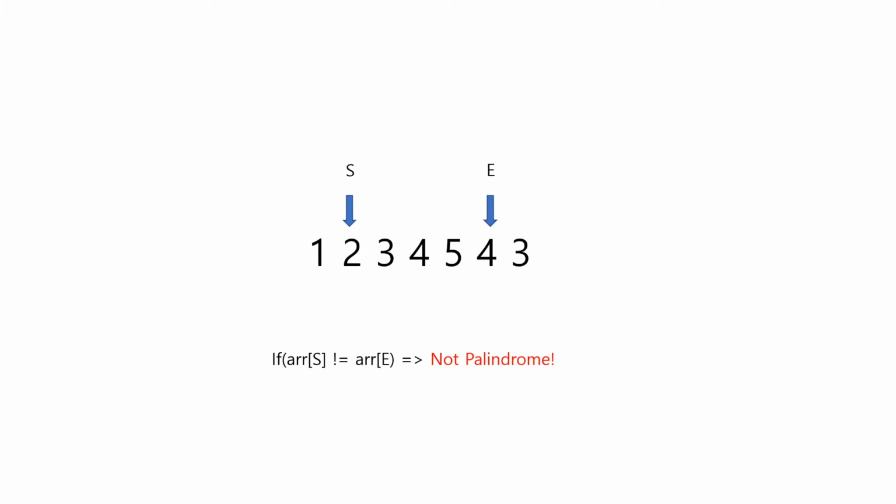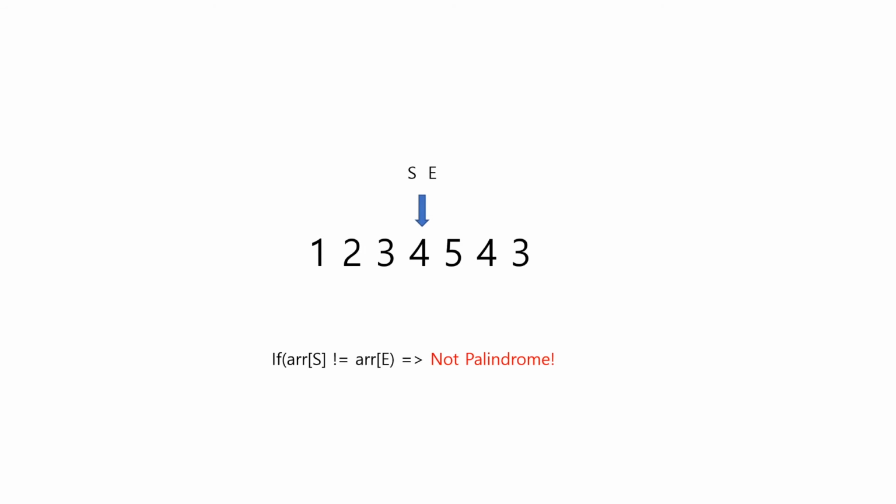It goes toward the middle and ends there. So keep comparing, if not, it is not a palindrome. And because the length of this string is odd, both indexes meet in the middle.